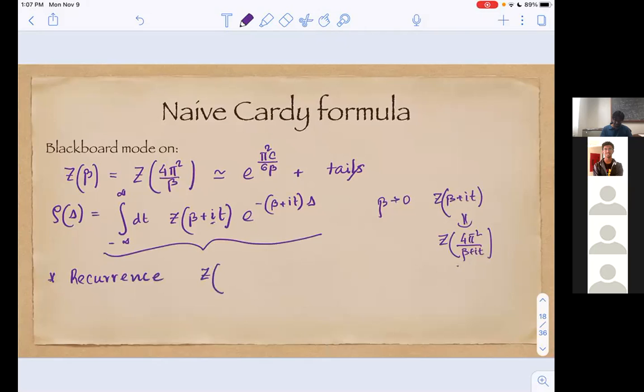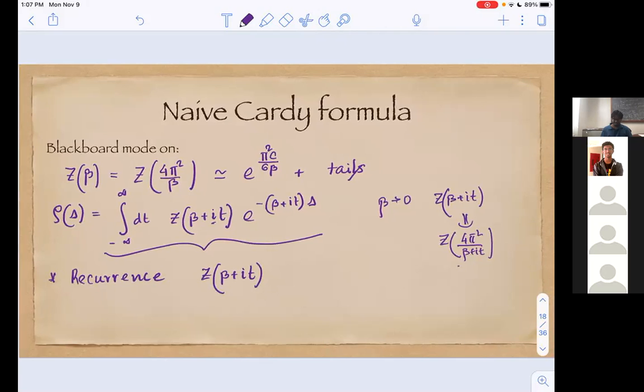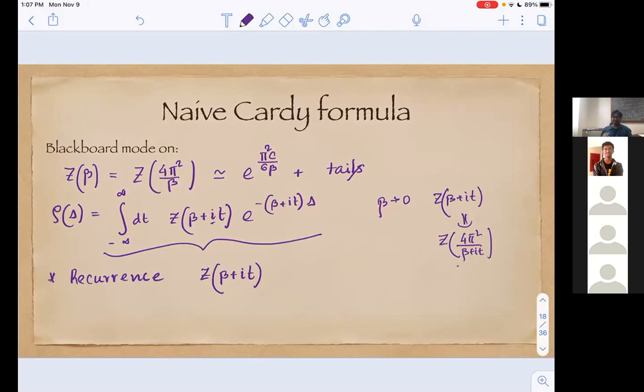If we look at this quantity Z of beta plus it, at a fixed beta, if we treat it as a function of t, there will be recurrence where it will come back to its value at t equals 0. So for t going to infinity, we will have multiple recurrences in this integrand. Because of this, rho of delta can never be convergent. Which makes sense because we knew that rho of delta is a bunch of Dirac delta functions supported on the physical spectrum.